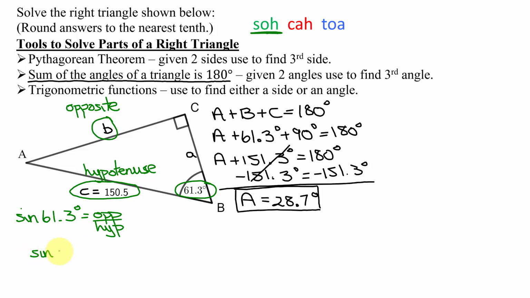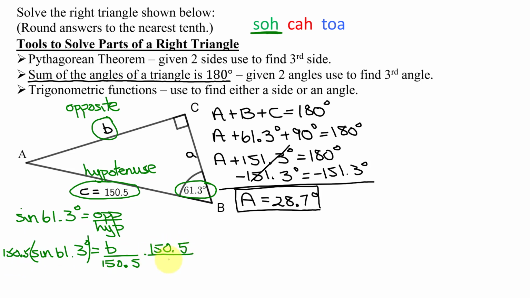So the sine of 61.3 degrees, the opposite side is B, divided by the hypotenuse, which is 150.5. And now to solve this for b, I just need to multiply both sides of this equation by 150.5.